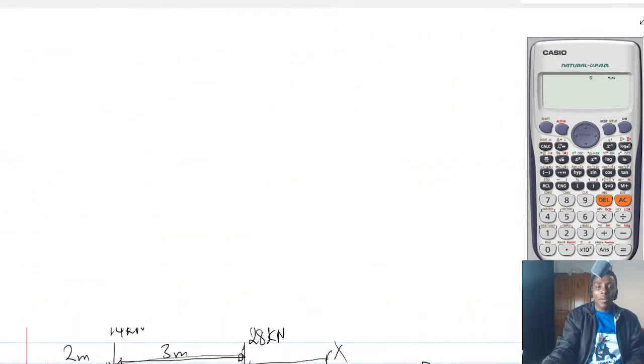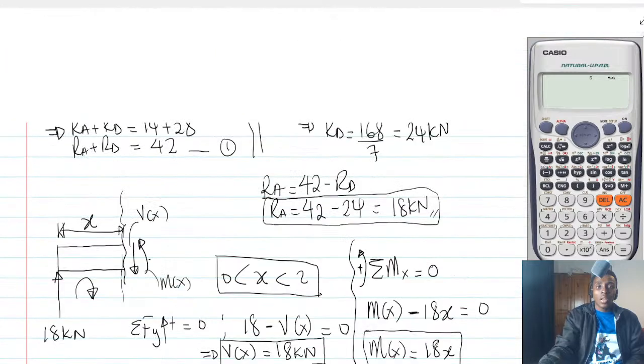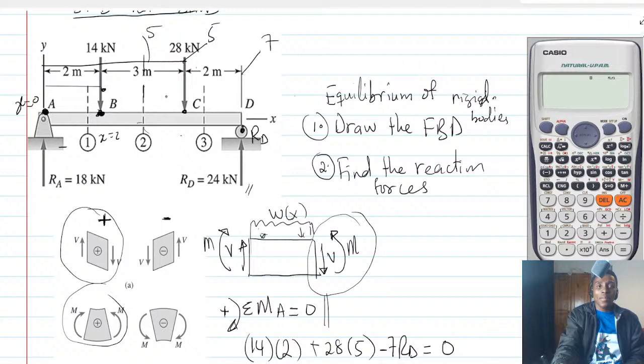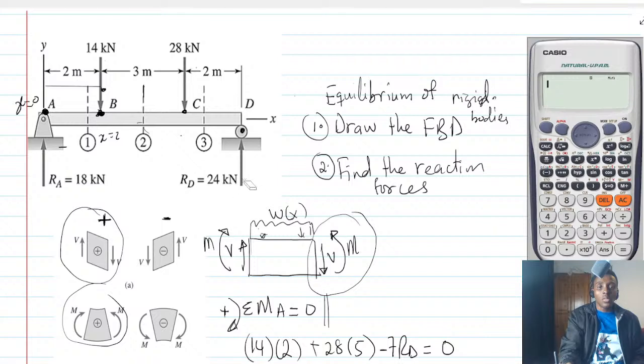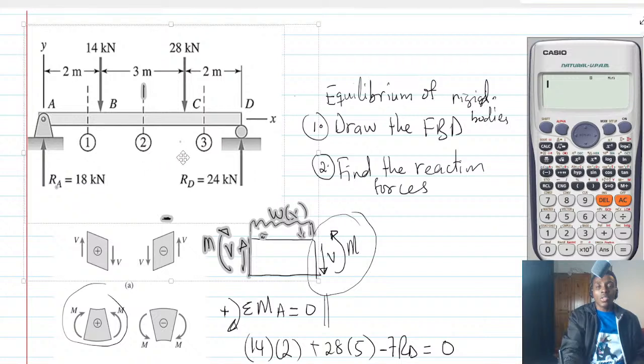I have to copy the diagram, but this time around it's going to be easy for us because we have done all the necessary good work.